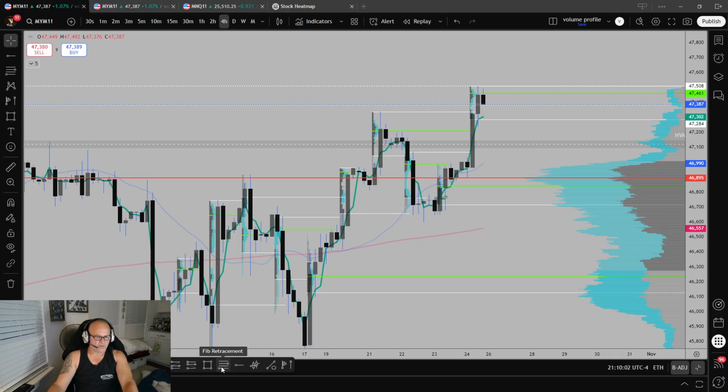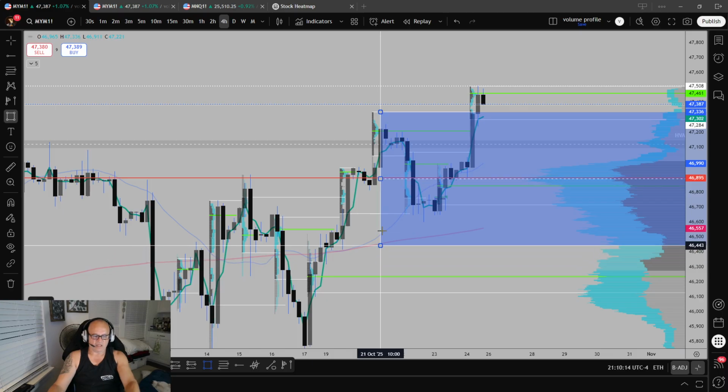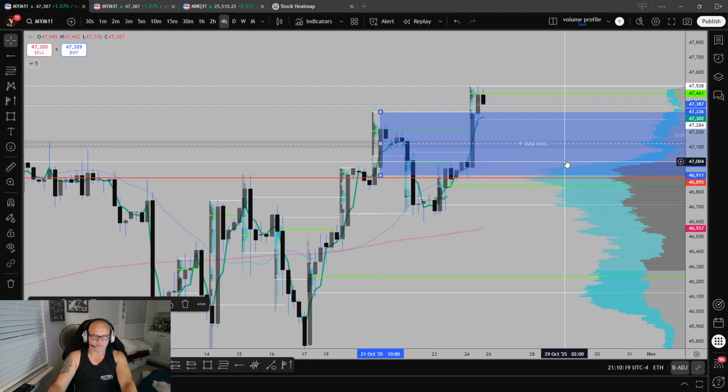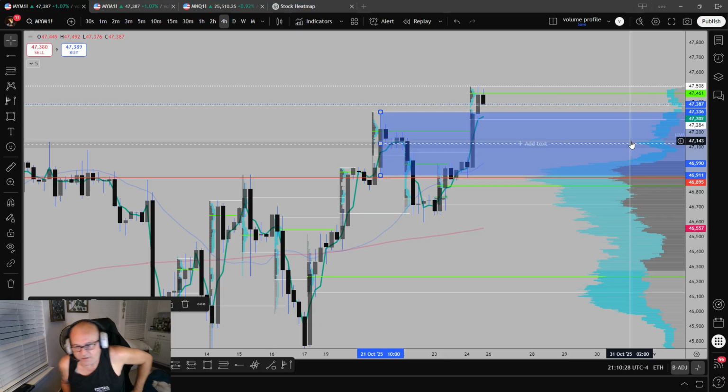So if I were to just put a box around that breaker bar, this breaker bar has a midline, the white dotted line, right? So if I put it on that candle, you can see that the midline of that breaker bar lines up pretty much with the midline of the box I drew around our high volume area. Okay, so that's looking pretty good. I like that.